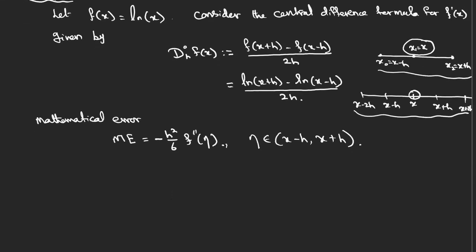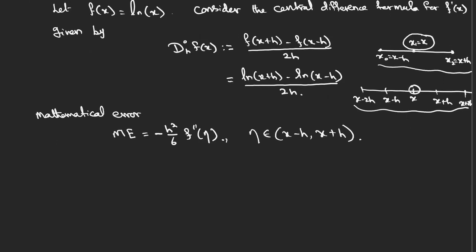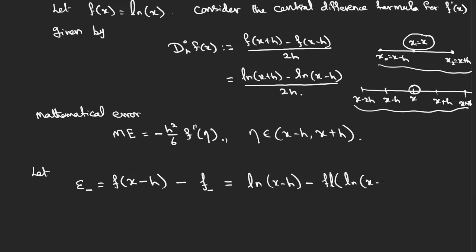Now, for the arithmetic error, we will assume that we have committed an error epsilon minus while taking the function value at the node x minus h, and therefore it is given by f of x minus h minus, let's call the corresponding approximate value f minus, and that is given by log(x minus h) minus, let us use the floating point approximation notation here, ln of x minus h.